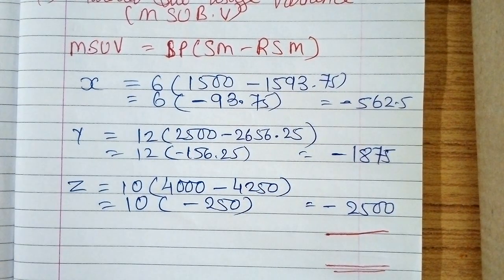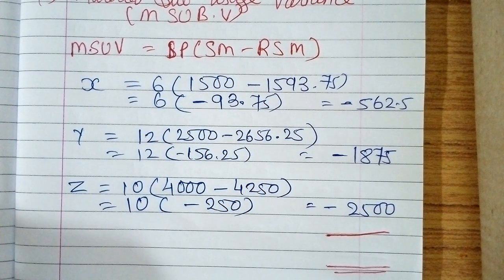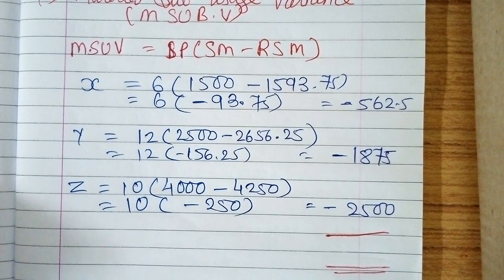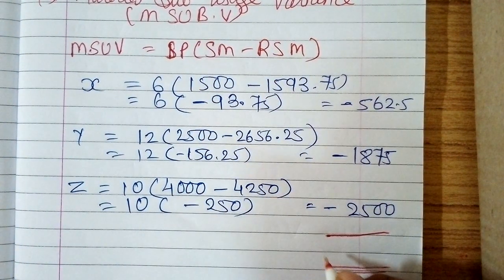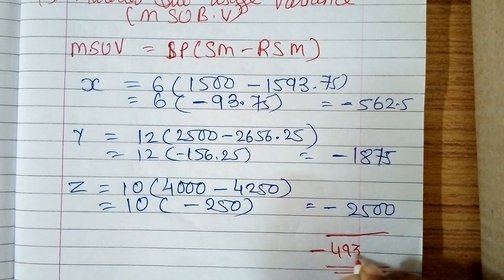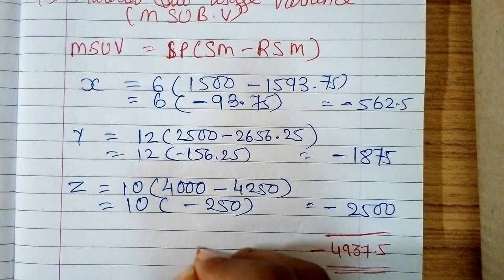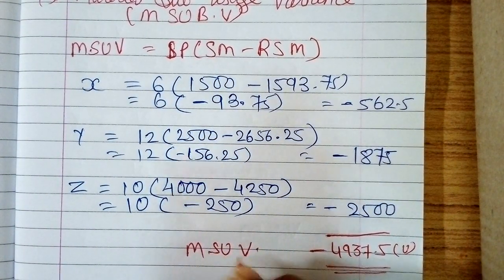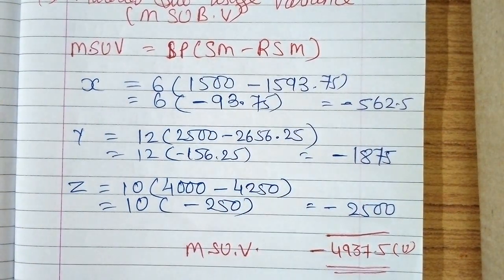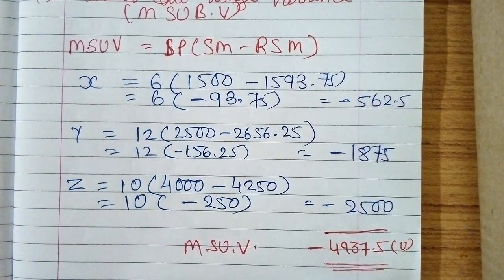So the final answer will be 2500, 1875 and 562.5. All of them are negative. So the answer will be negative 4937.5, unfavorable. This is the answer of material sub-usage variance.